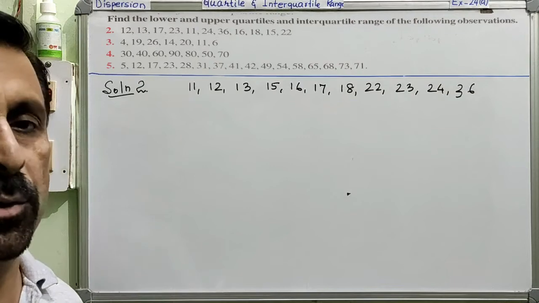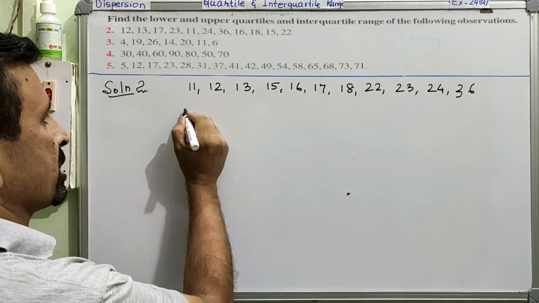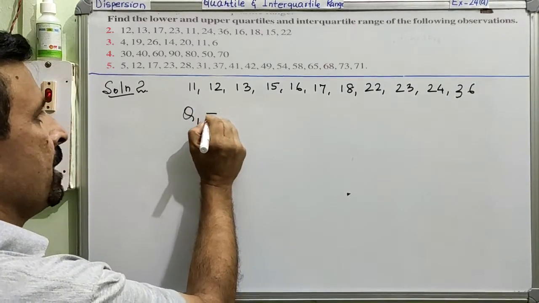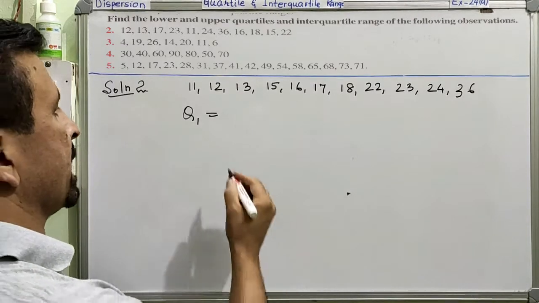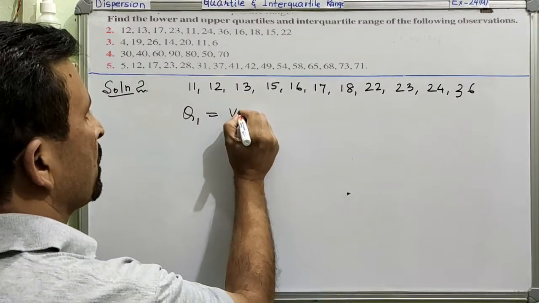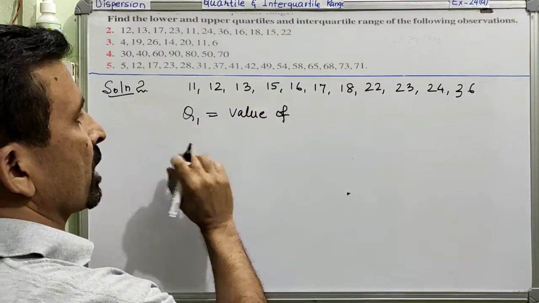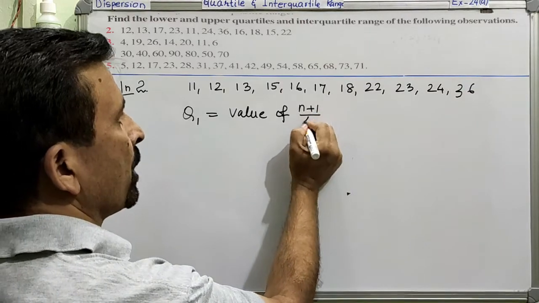Now first of all, we are going to calculate the lower quartile. So lower quartile we will denote as Q1. For finding the quartile, you know the formula. The value of the first quartile, the lower quartile, is calculated by using the formula (n plus 1) divided by 4.